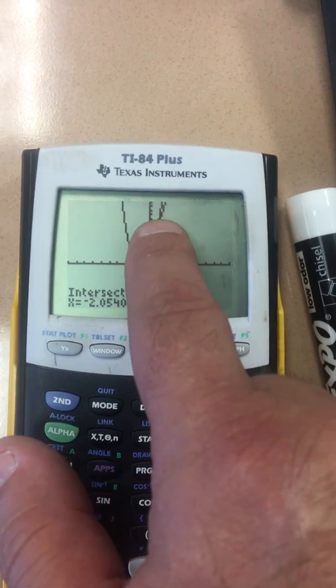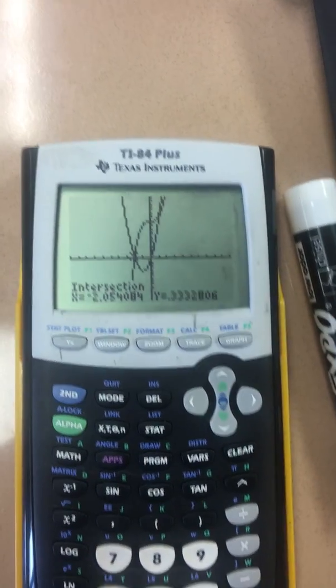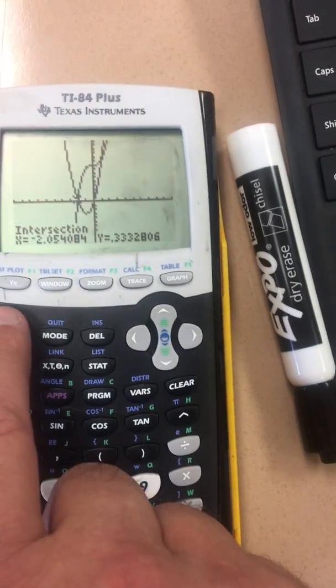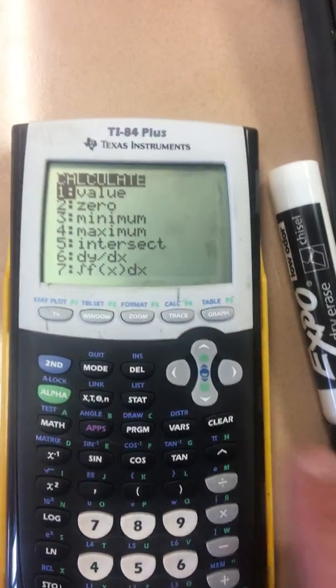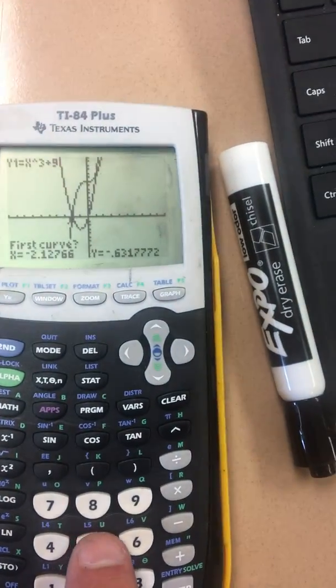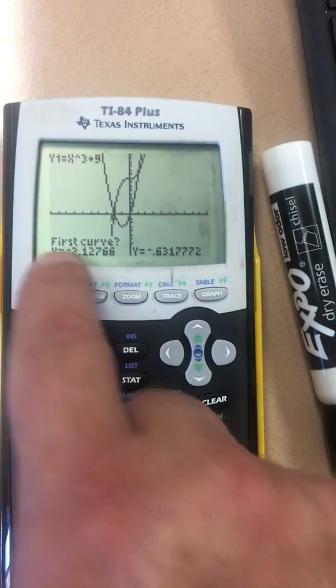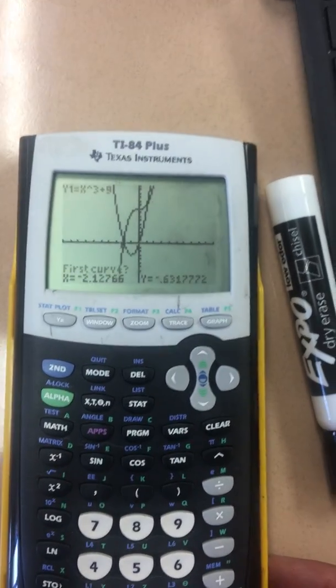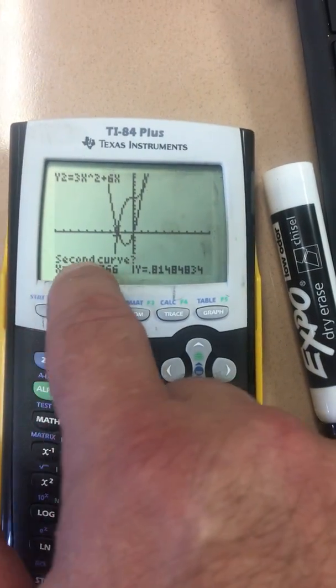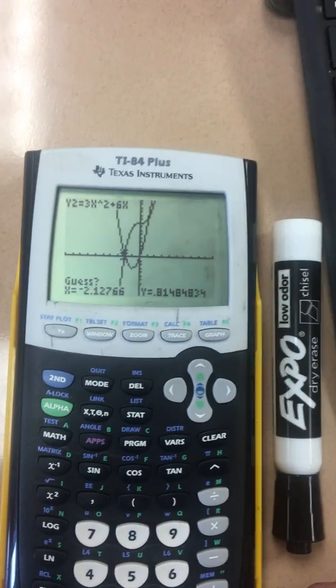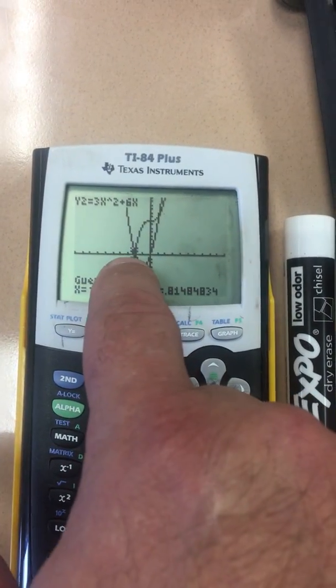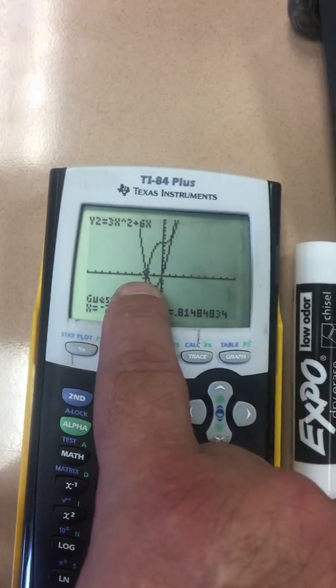But what about the intersection up here? We need to find that also. So we're going to do second calc again, and I'm going to hit number 5. And again, it's asking for my first curve, so I hit enter. It's asking for my second curve, so I hit enter. Now the guess right now is on top of that first point.